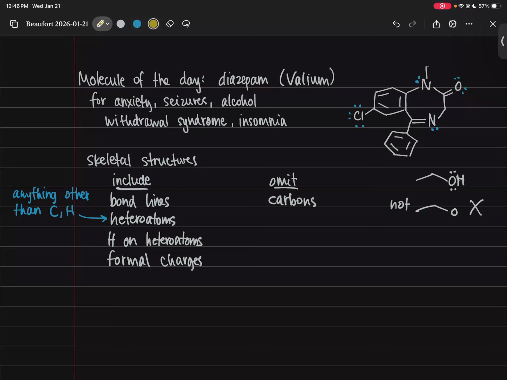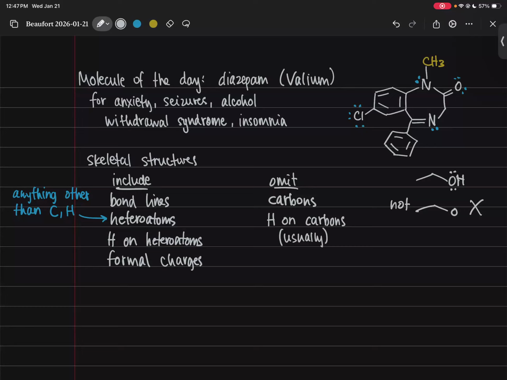So there's a carbon there with 3 hydrogens on it. So we omit carbons, and of course, we omit hydrogens on carbons, usually.